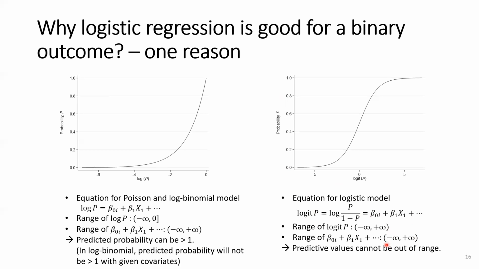So here, we don't have the problem of predicted probability exceeding 1. This is one reason why we want to stick with logistic regression. So mathematically, it's more convenient. But do you want to present your data using odds ratio or relative risk? This is a judgment we have to make.